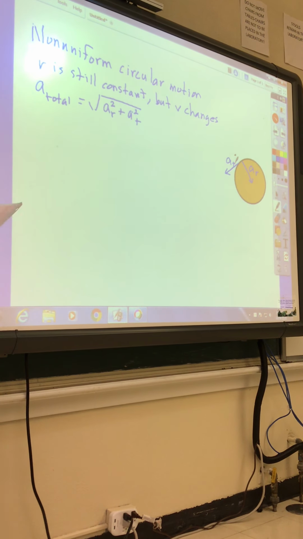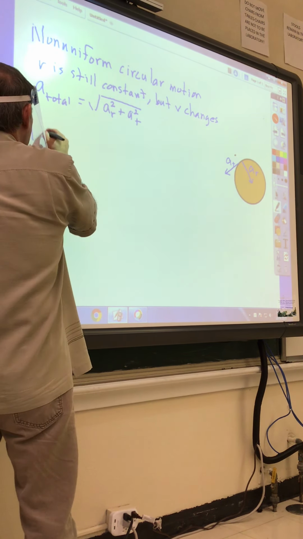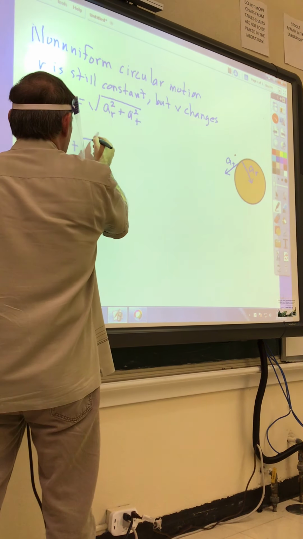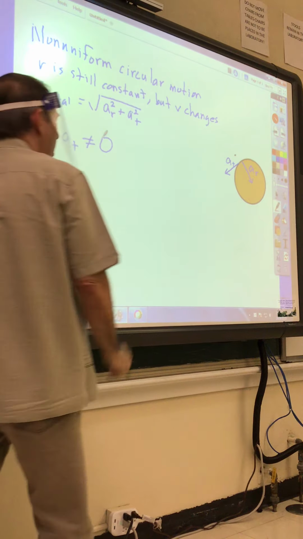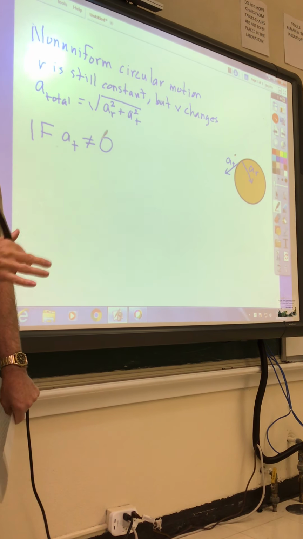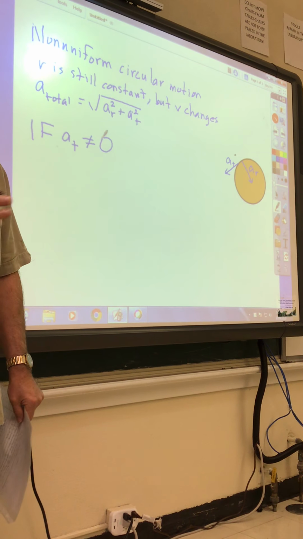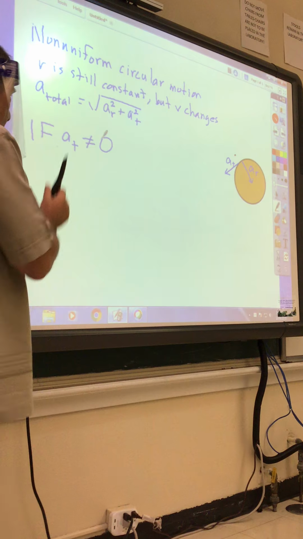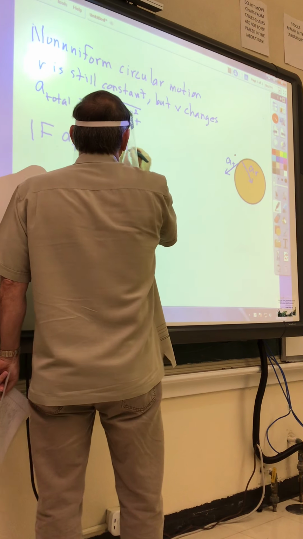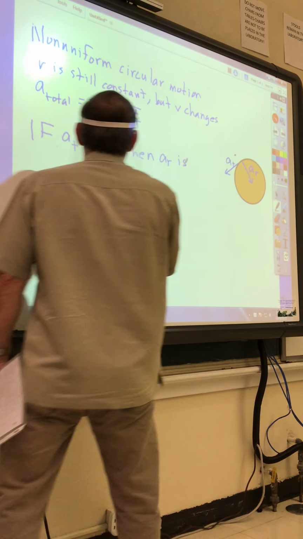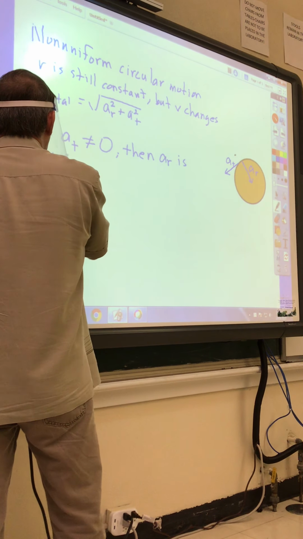Okay, so if the tangential acceleration is not 0, that defines it as being non-uniform. It's non-uniform if that tangential acceleration is not 0. If it's not 0, then the radial acceleration is not constant.